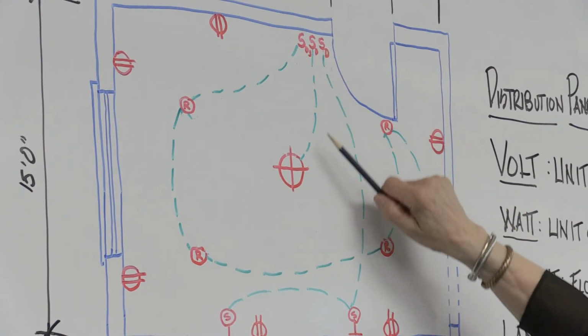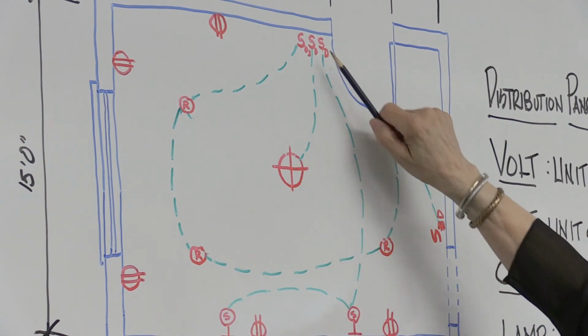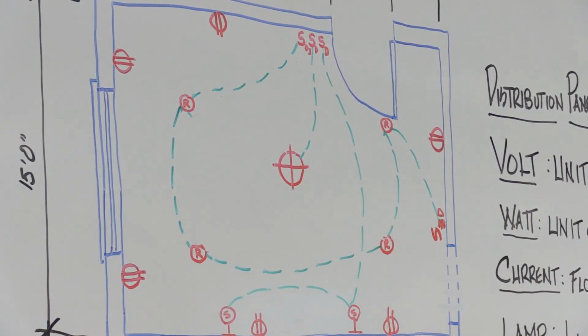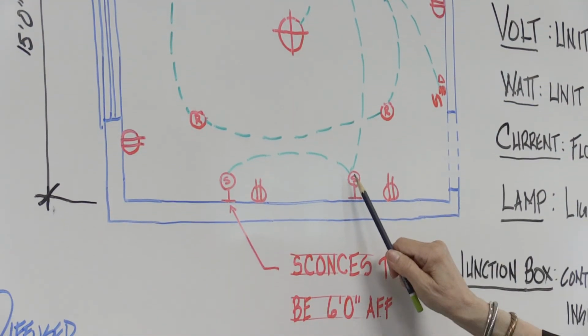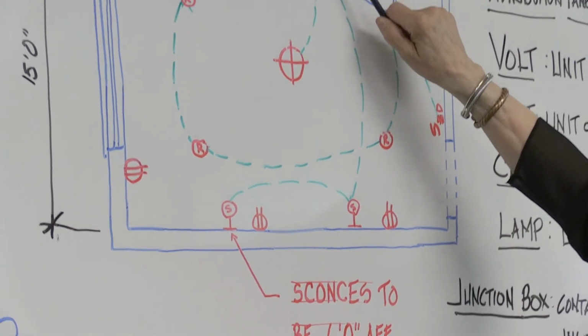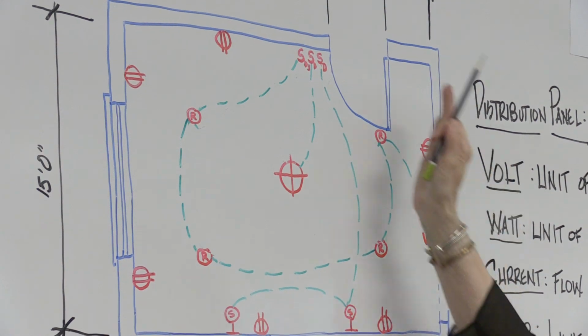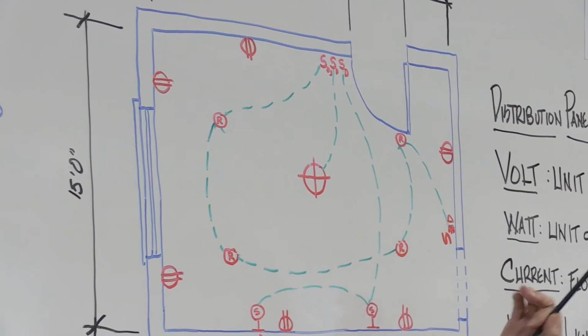My chandelier just has one switch, it's on a dimmer, so I have an SD. My sconces, the 2 of them are on the same, so I'm connecting the wiring and then going to the switch, an SD, because they're on a dimmer.